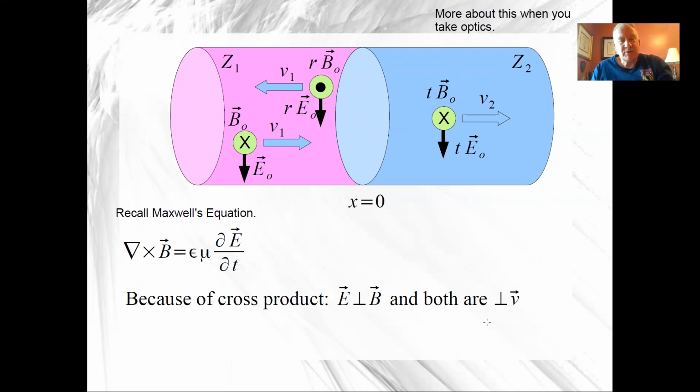However, because of the cross product, E is perpendicular to B. So for instance, here B is pointing into the page and E is pointing down, and they're both perpendicular to V. So E, B, and the velocity have to be perpendicular.